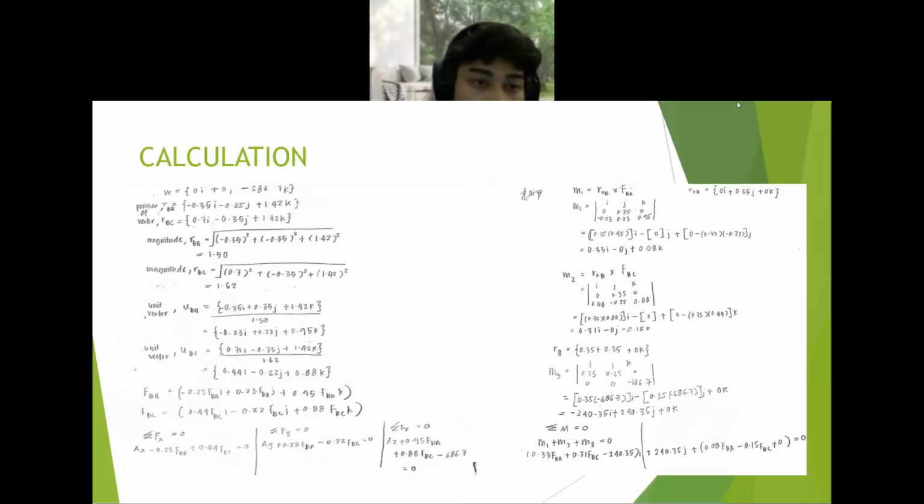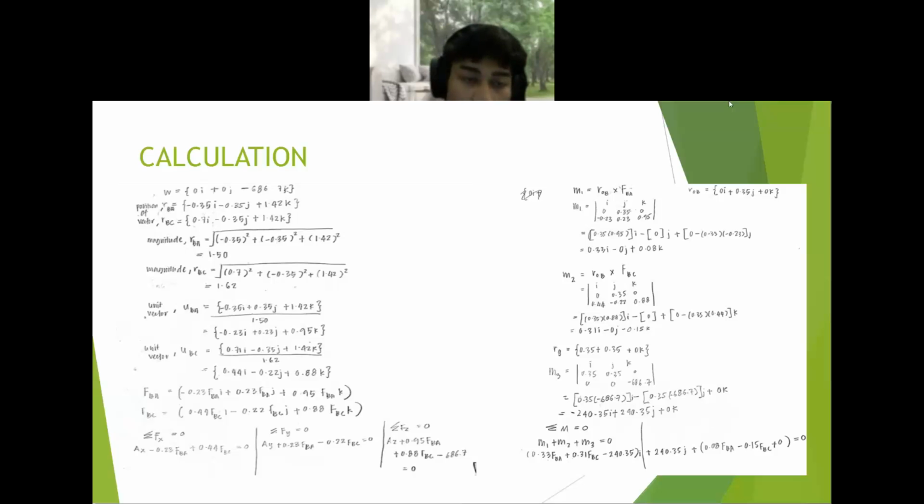So the W we get is equal to 0i plus 0j minus 686.7k. After we get the W, we need to find the unit vector. Before we find the unit vector, we need to find the position vector and the magnitude first.